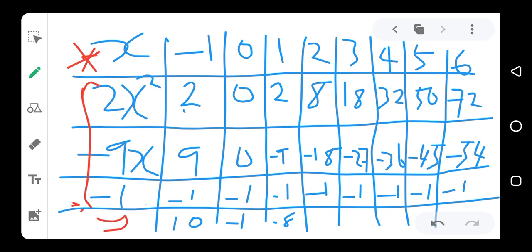This one will give us minus 11. This one will give us minus 10. This one will give us minus 5.